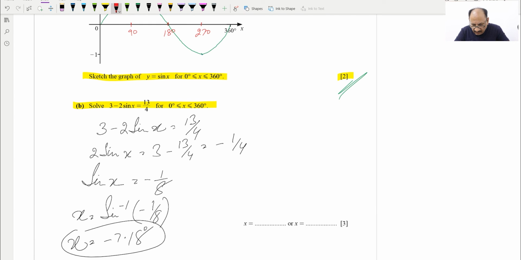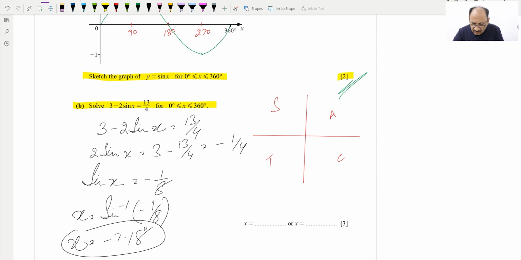We can understand from the quadrants. Sine x is negative here, so we can write CAST. Sine is positive here, all are positive here, so negative is in this quadrant and in this quadrant.